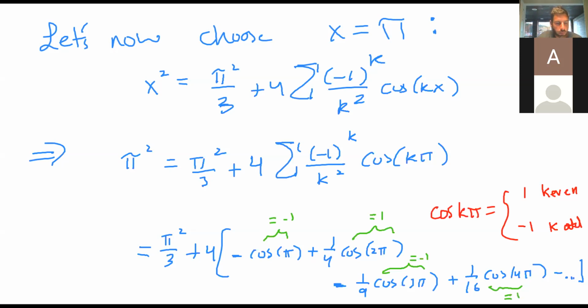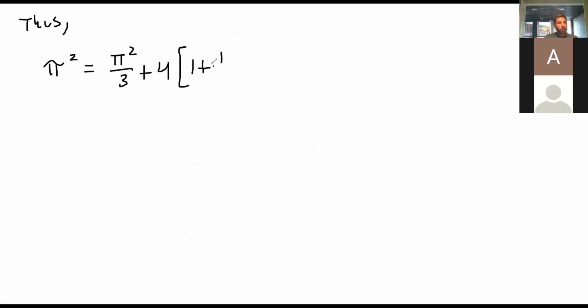Here's what's completely amazing: this thing can be rewritten like this. Let's not go too fast. On the left-hand side, we have pi squared. On the right-hand side, pi squared over 3 plus 4 times, inside, 1 plus a fourth plus a ninth plus a 16th plus a 25th.